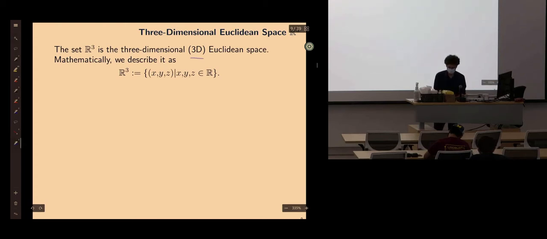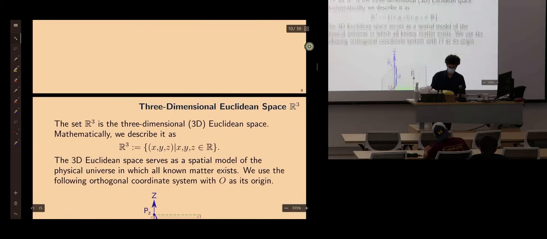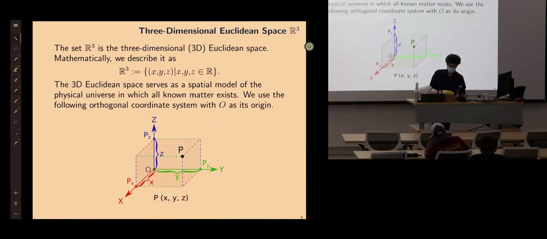It's the set of 3 tuples such that x, y, and z are real numbers. So every point in the 3D space measuring relative to the origin will have x, y, and z coordinates, okay? So you can uniquely identify each point in this 3D space.